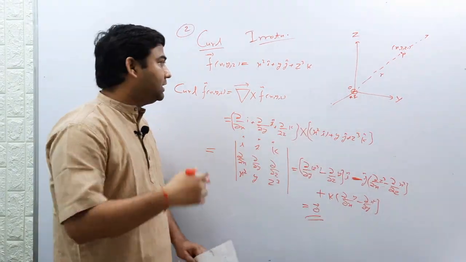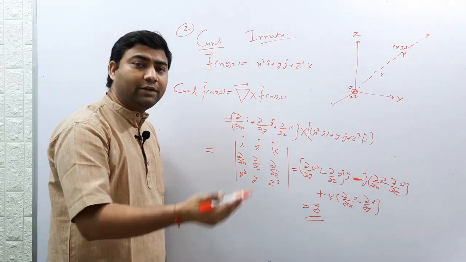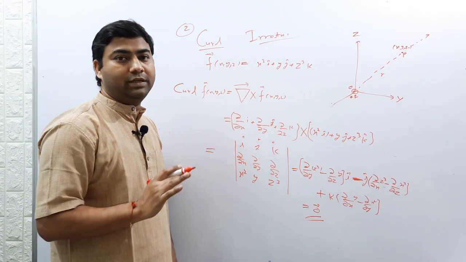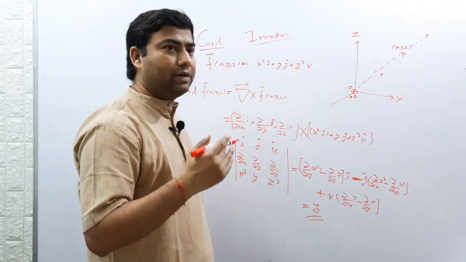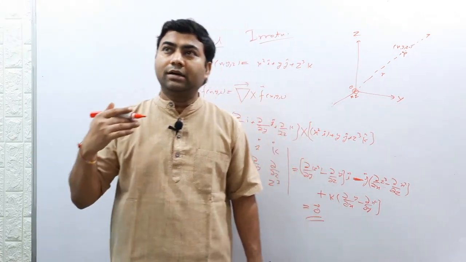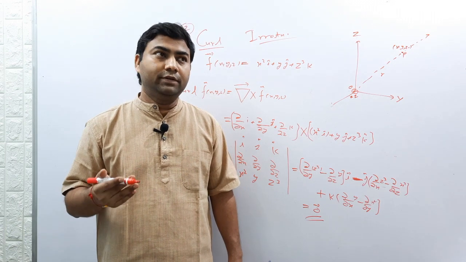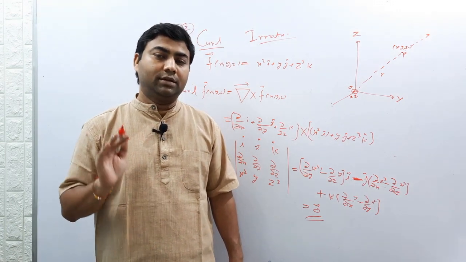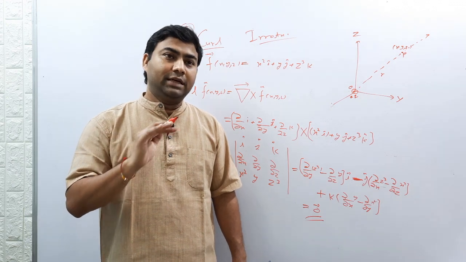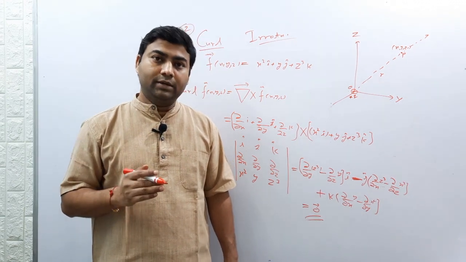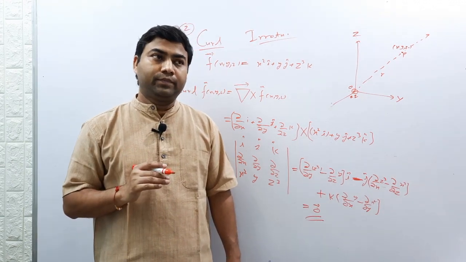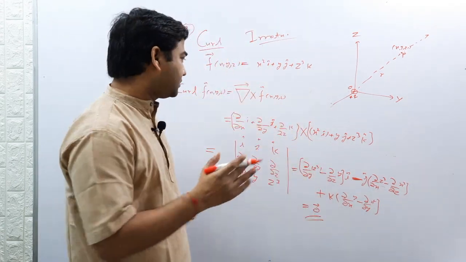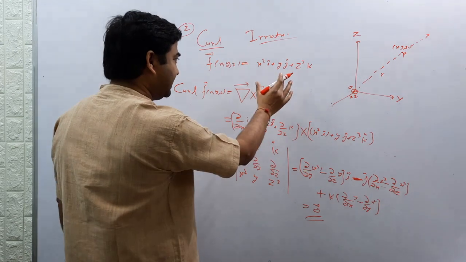Similarly, if we find some finite value of curl, then that is called a rotational field. Again I will repeat, when we find curl as 0 for a given vector field, then that vector field is called irrotational. When there is some finite value of curl, then that vector field is called a rotational vector field.